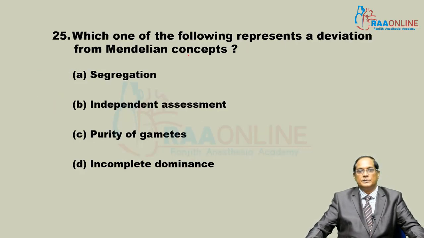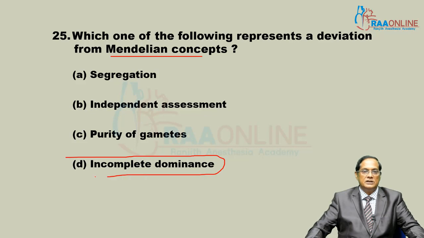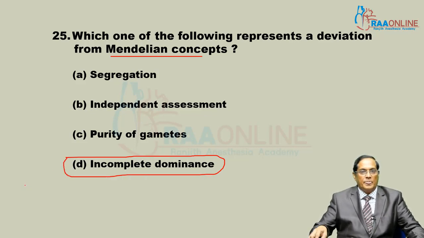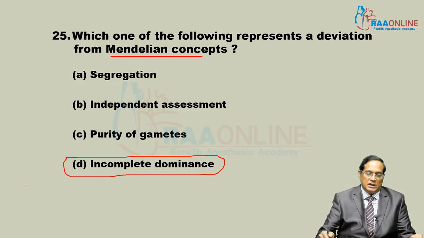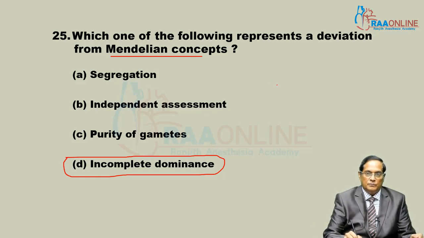Which of the following represents the deviation of the Mendelian concept? Incomplete dominance. Mendelism is applicable for the pure behavior of these two genes. If there is a change in any other inheritance, then definitely Mendelism will be affected.